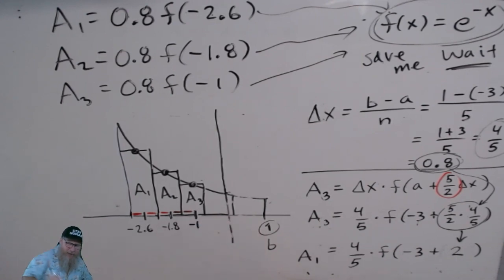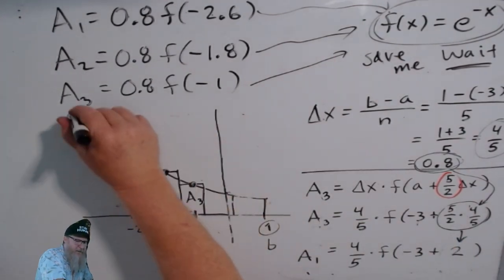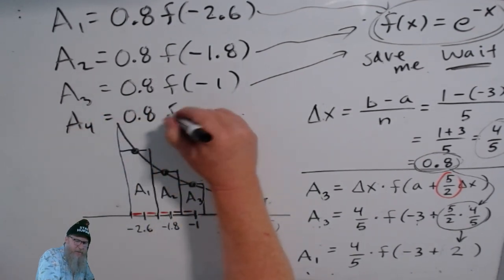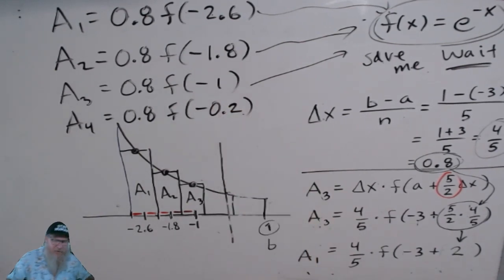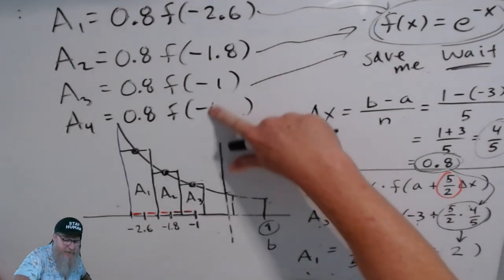The next midpoint is exactly at negative 1. You might start noticing a pattern where you could skip a lot of this work. You want to take a guess at where the next one is? Negative 0.2. Right? Notice it's just going half. Well, actually, I shouldn't be guessing.